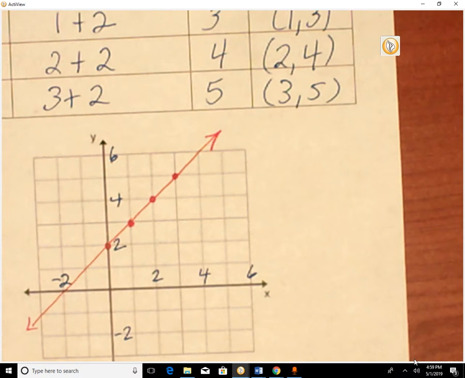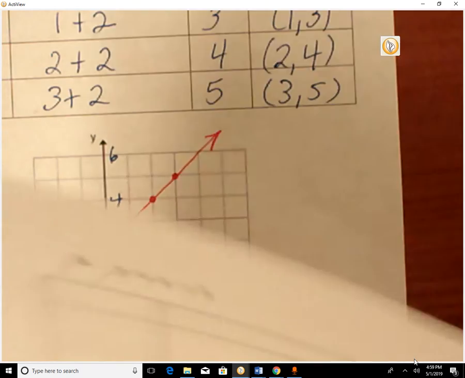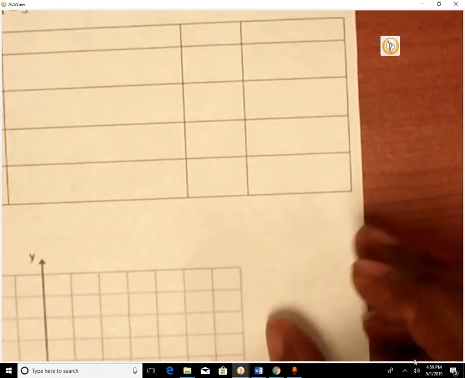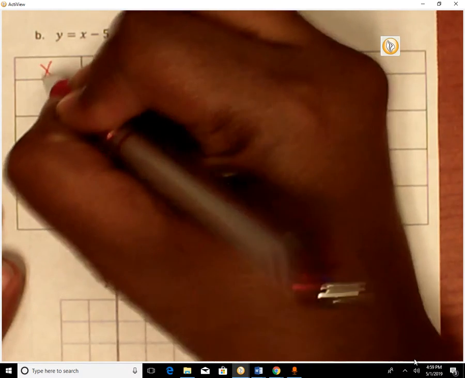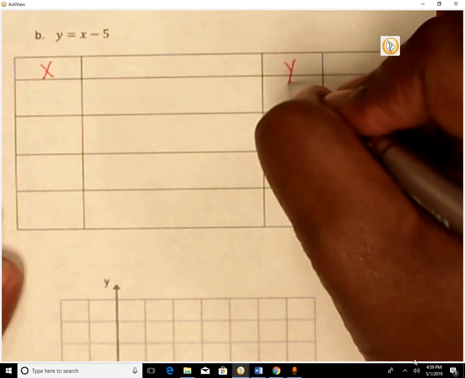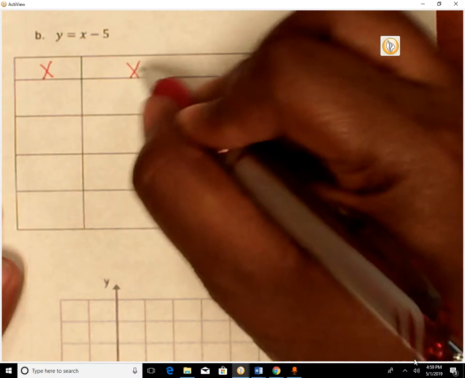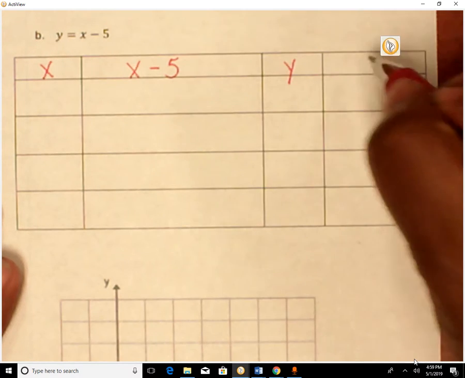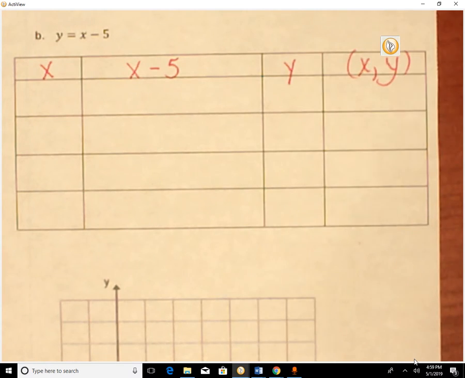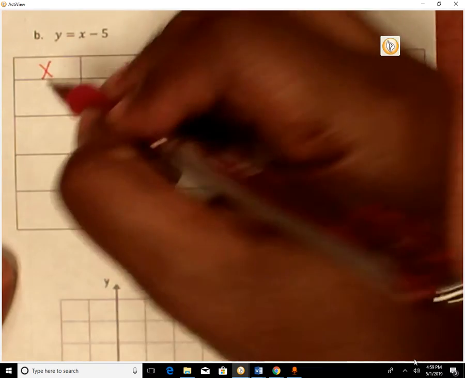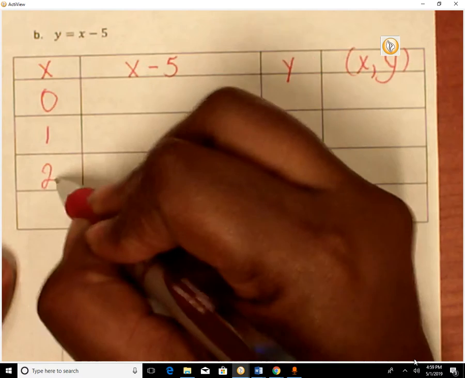Okay, let's try another one. We're going to graph the function y equals x minus 5. X is our input, y is our output. Our function is x minus 5. Then x, comma, y. We're going to use the numbers 0, 1, 2, and 3.